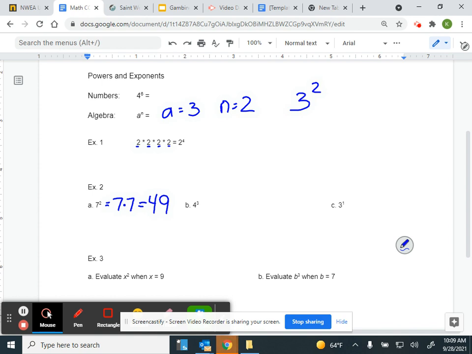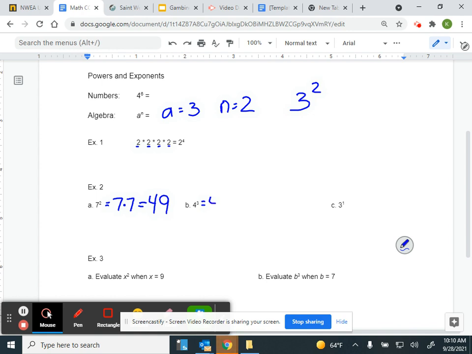What would B be? 4 to the 3rd, or we could say 4 cubed. So when we see that 3 up there, it's called being cubed. So 4 to the 3rd, or 4 cubed, would be what? What do you think, Lily? 64. Lily thinks 64. How did you get 64?